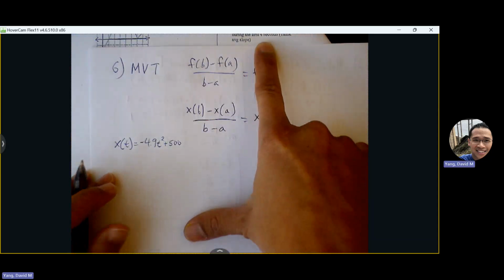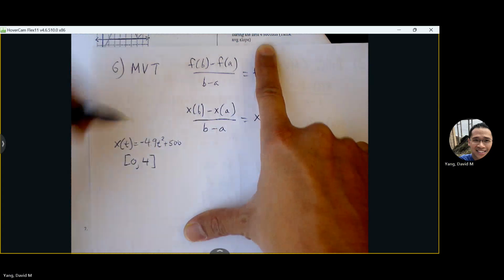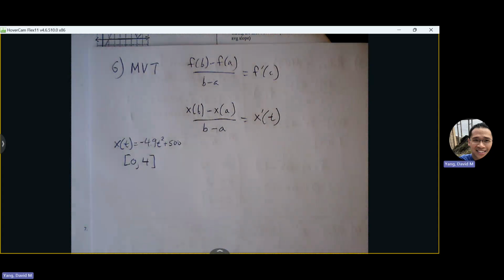And then our interval is from 0 to 4. So we're just applying mean value theorem. So find the slope between the endpoints. The slope between the endpoints is your average velocity. So we'll find x of 4, find x of 0, x of 4 minus x of 0 over 4 minus 0.